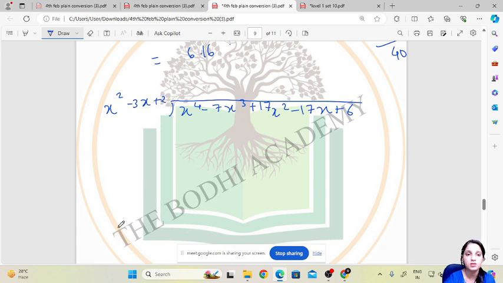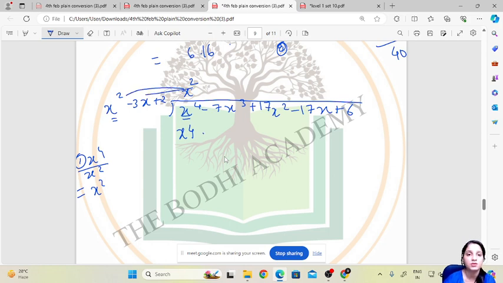Now first what you need to do is divide x raised to 4 upon x square, where you will get x square. You need to write this x square over here, and then x square into x square is x raised to 4.